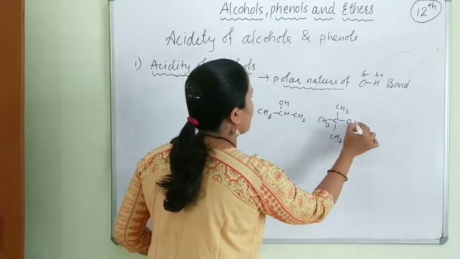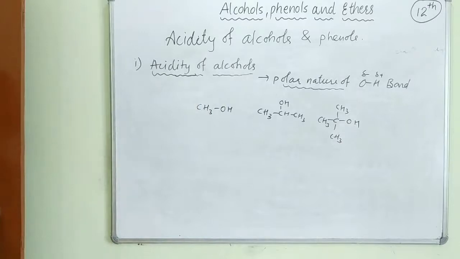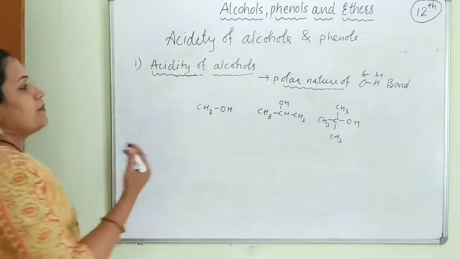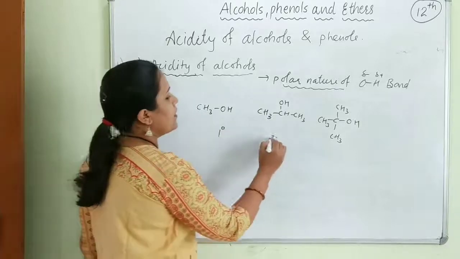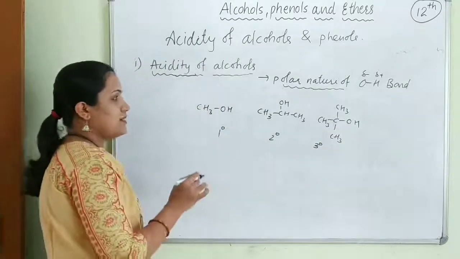Here I have an example of primary, secondary and tertiary alcohol. We have to discuss how acidity depends on primary, secondary and tertiary, which is more reactive and which is less reactive.